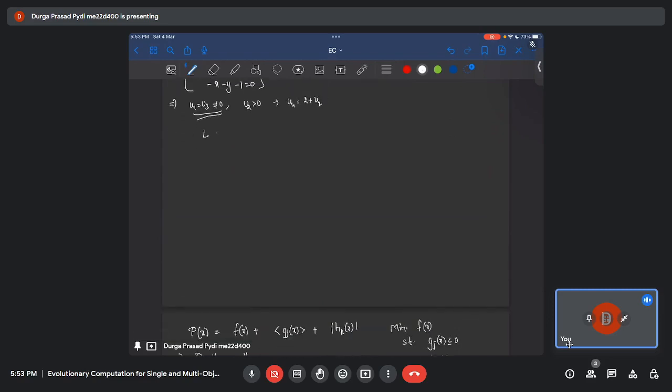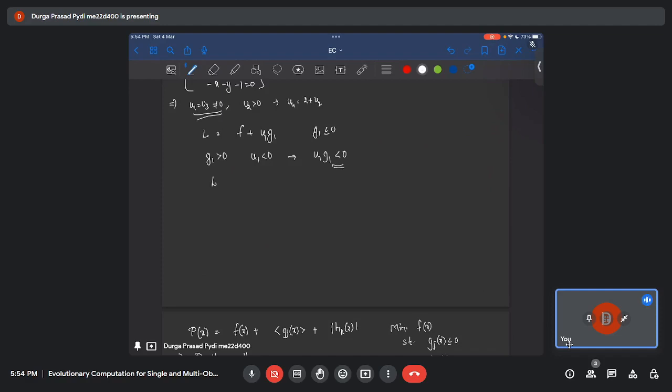Say this is my function, f plus u1 times g1, and my original requirement is g1 should be less than or equal to 0. Suppose my g1 is actually positive, and when I'm solving the system of equations, I get a value of u1 which is negative. So in this particular scenario, you have a value of u1 times g1 as negative.